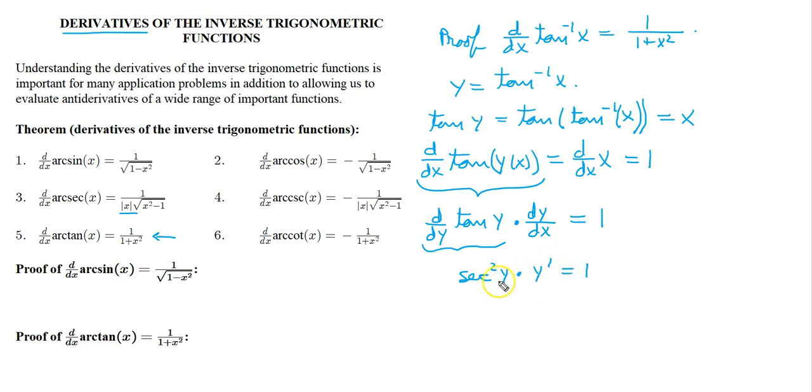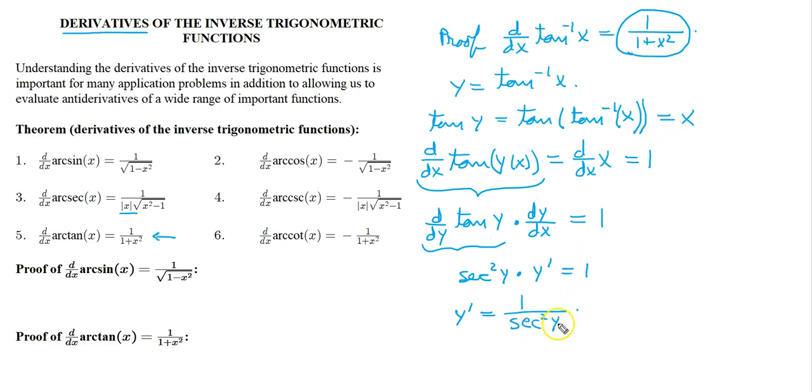Now let's divide the secant squared to the other side, and there we go. Now, we still need to put this back in terms of x's, right? We want to get to this point right here. We're not there yet. We're almost there.